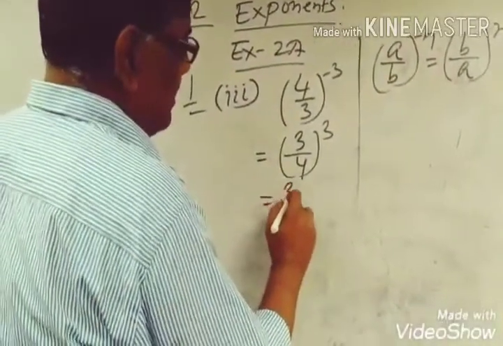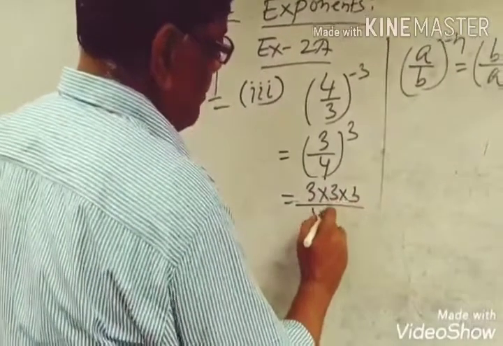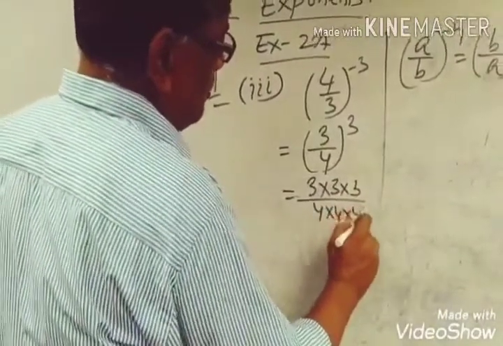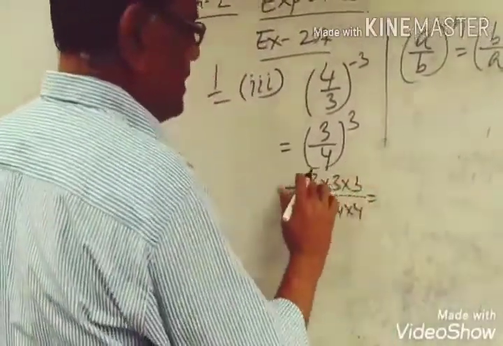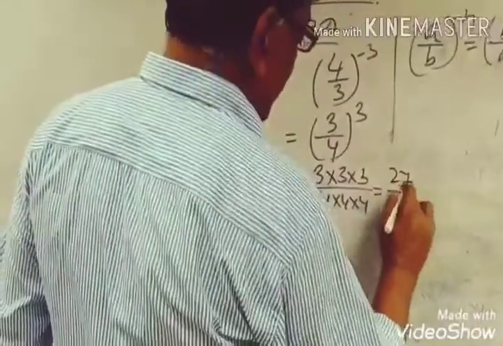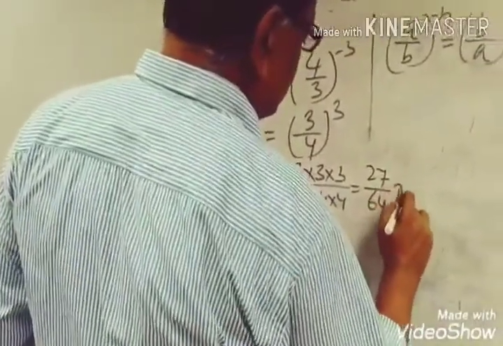So I can write 3 into 3 into 3 by 4 into 4 into 4. So the answer is 3 3 is 9, 9 3 is 27, by 4 4 is 16, 16 4 is 64. This is the answer.